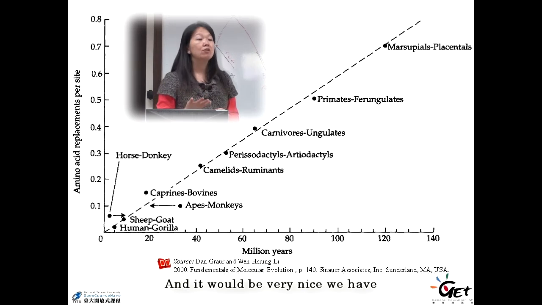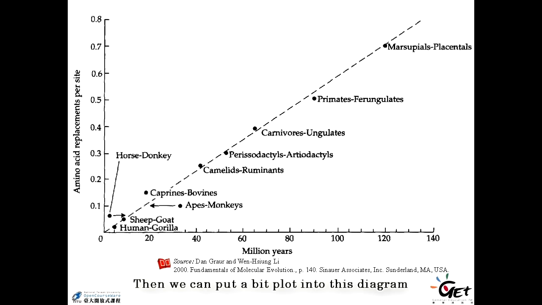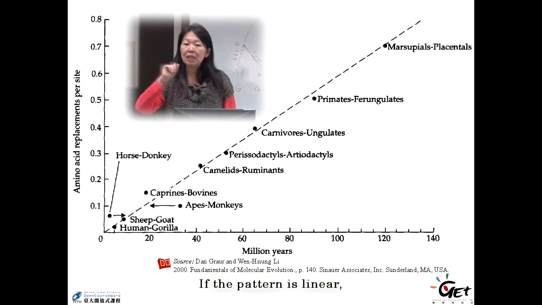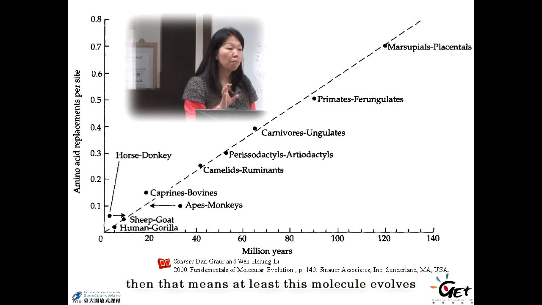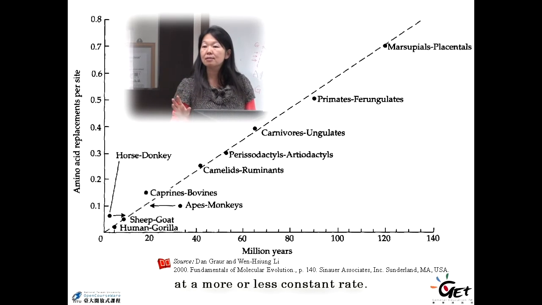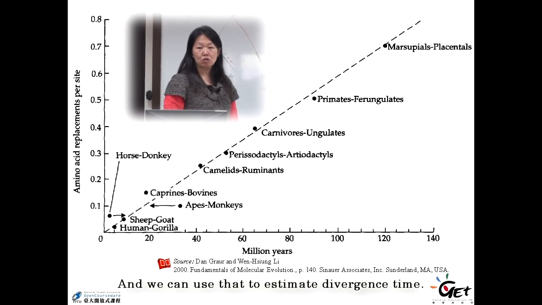It would be very nice if we have all the different independent records for each lineage. Then we can plot them in this diagram and ask whether we can see a linear pattern. If the pattern is linear, that means the molecule evolved at more or less a constant rate, and we can use that to estimate divergence time.